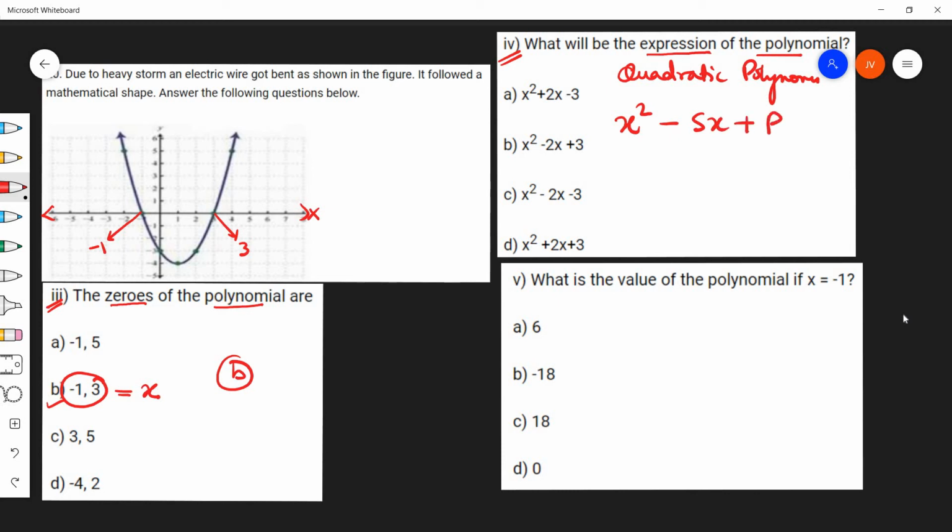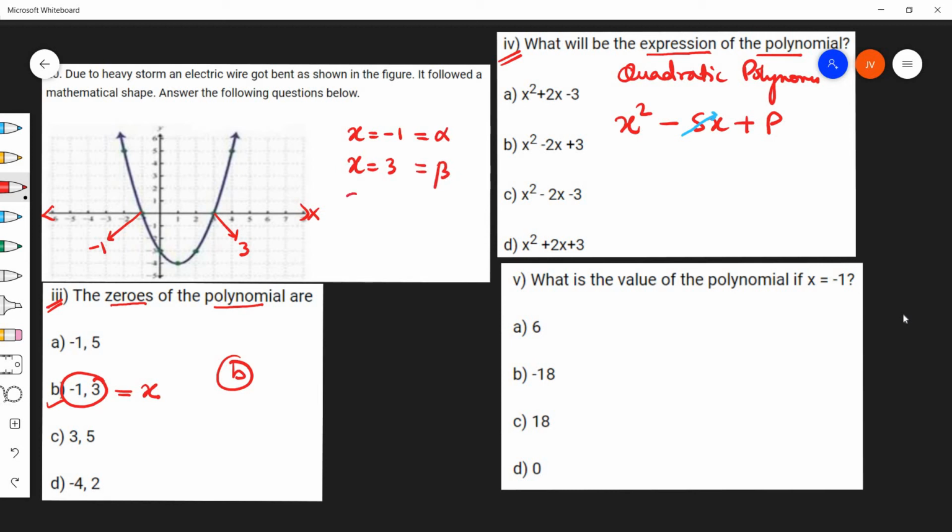This is how we form a quadratic polynomial, a shortcut formula in fact. s is the sum of zeros. One of the values of x is -1 and another is 3. We can call them alpha and beta.